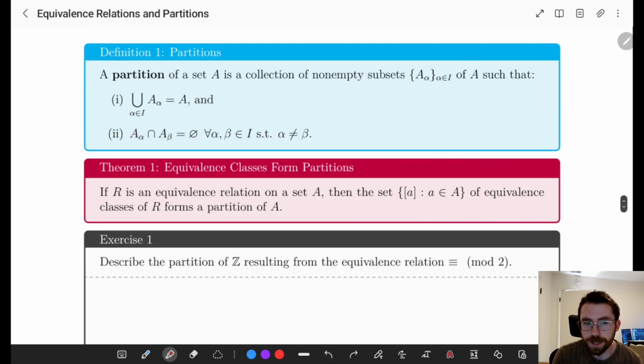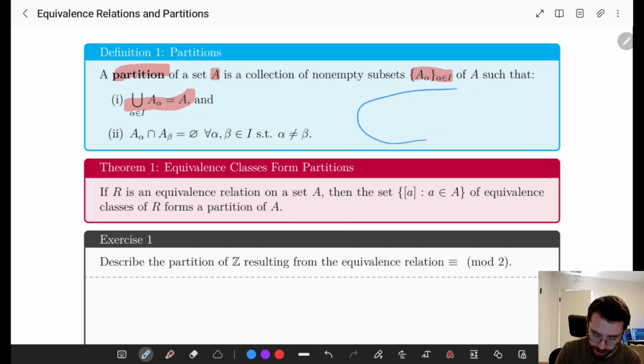It's a bit beefy. So given a set A, so forget about equivalence relations for right now. This is just a definition of partitions. So given a set A and a collection of non-empty subsets of that set, you have yourself a partition if the union of all those subsets gives you the whole set.